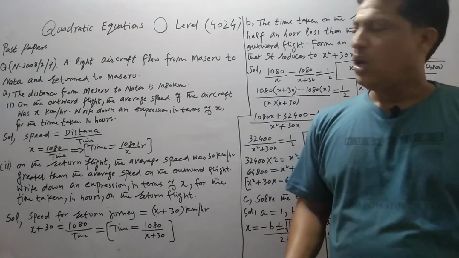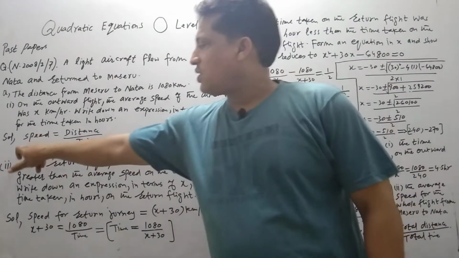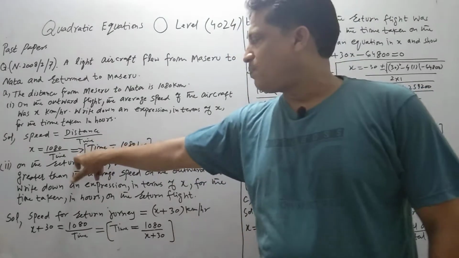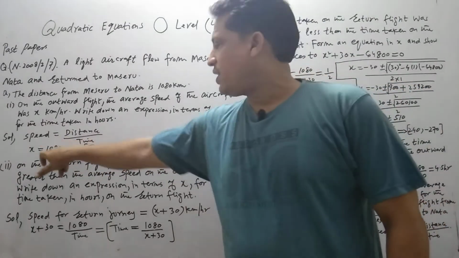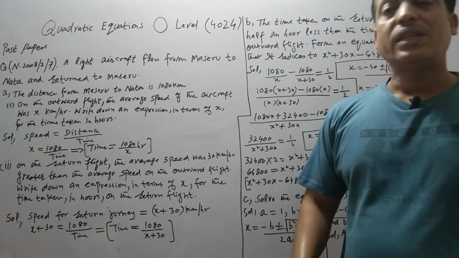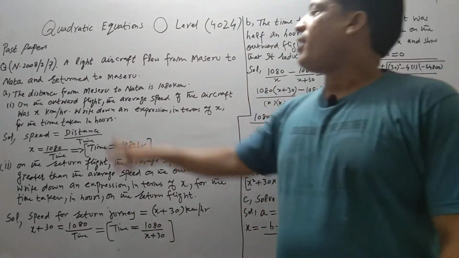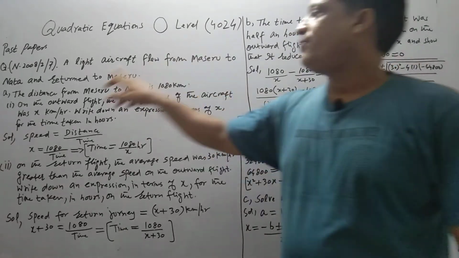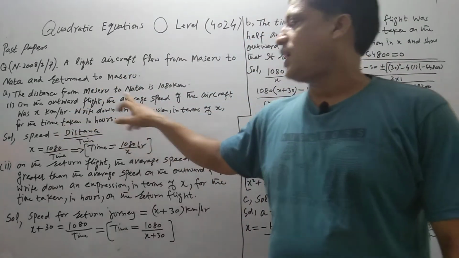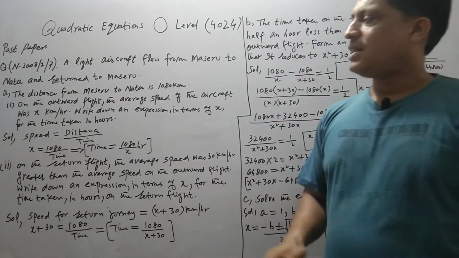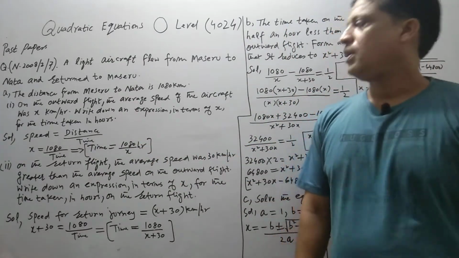Time is required, so shift time to this side and x to the other side. Hence time is equal to 1080 upon x hours. So this is the answer of part 1: the time taken in hours is 1080 upon x.